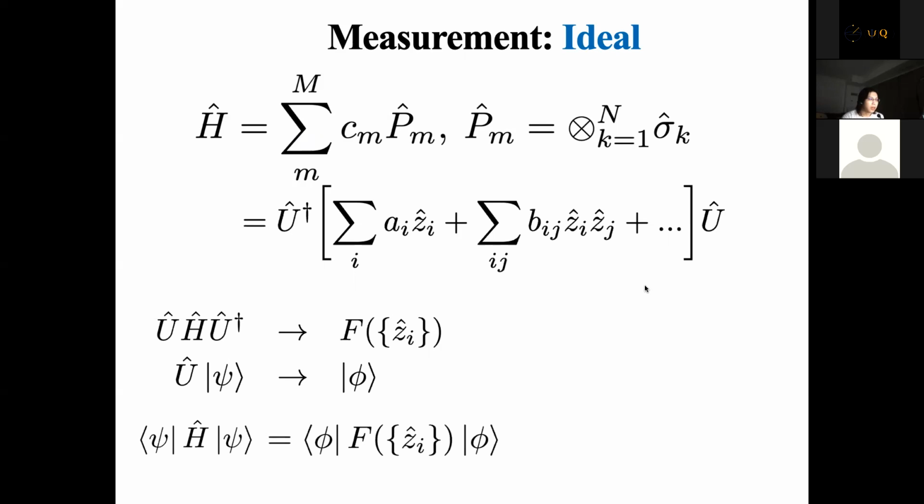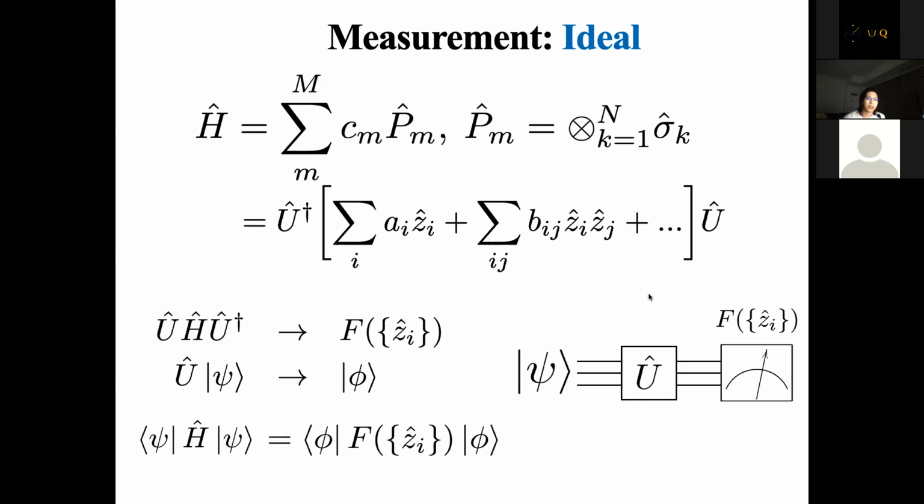And you can verify that because you've rotated both the operators and the wave function, this equality holds. On a quantum computer, your procedure would look like this: after the preparation of psi, you apply the unitaries and you measure these functions of Z that you obtain classically.